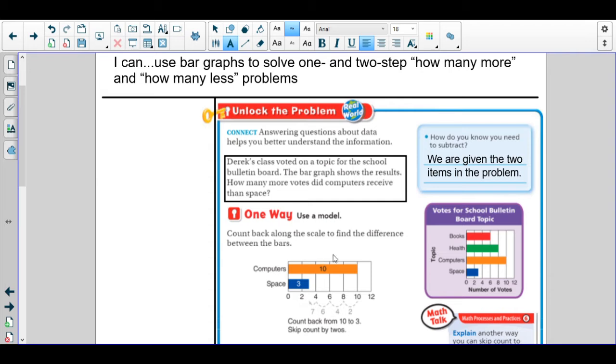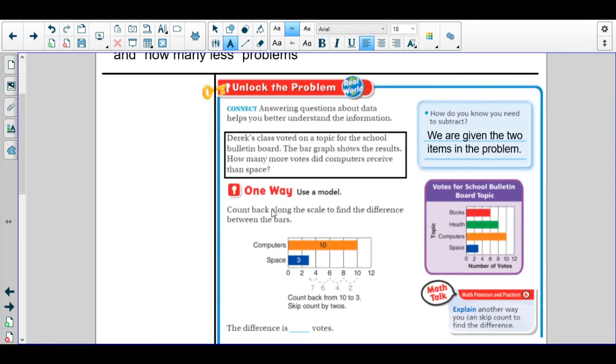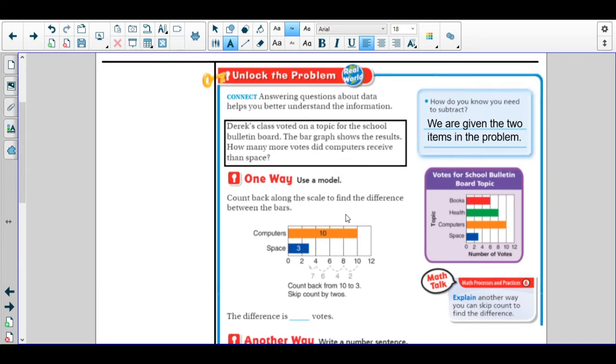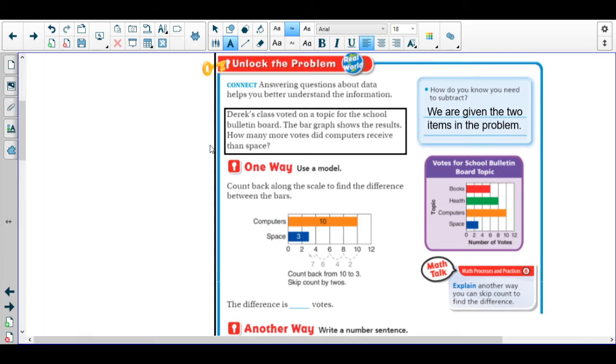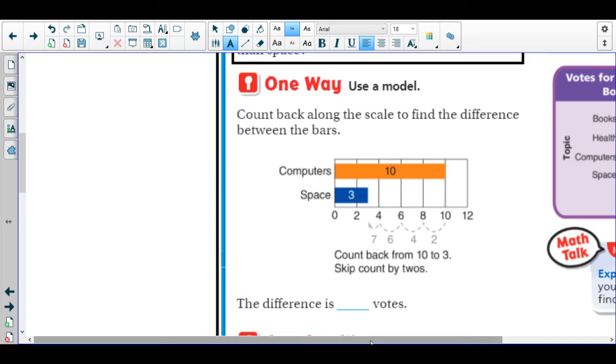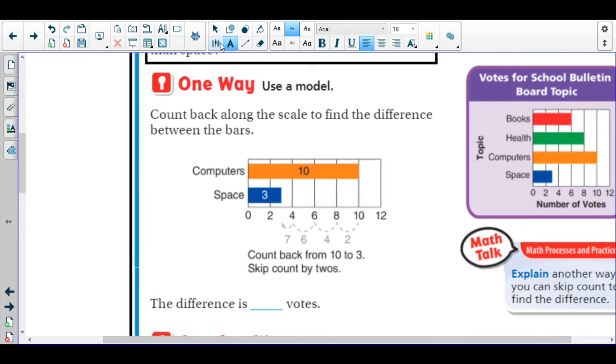So one way that we can solve this is to count backwards along the scale. So if I were to zoom in just a little bit more, all right, we can look here and say, oh, well, here is 10.